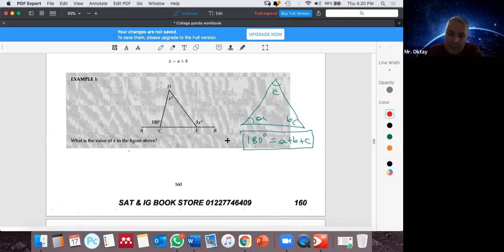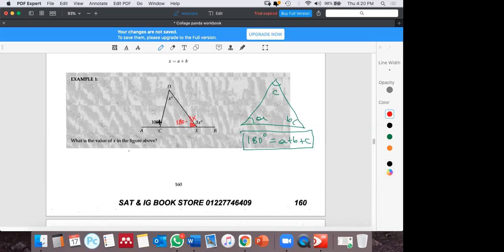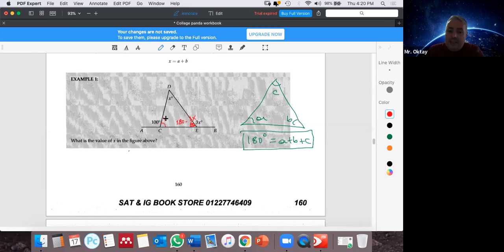I am saying that if this is 3x, can I say that this is 180 minus 3x? Any question? And if this is 100, can I say that this is 180 minus 100? Yes.